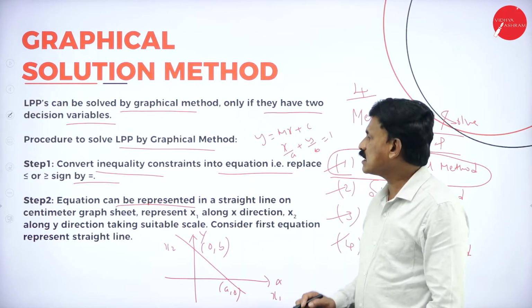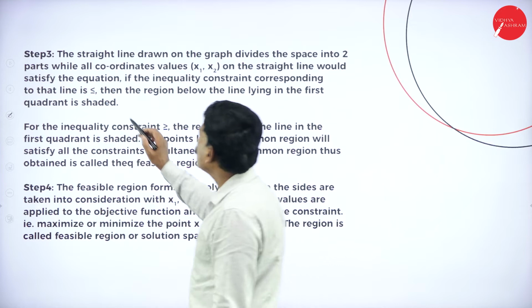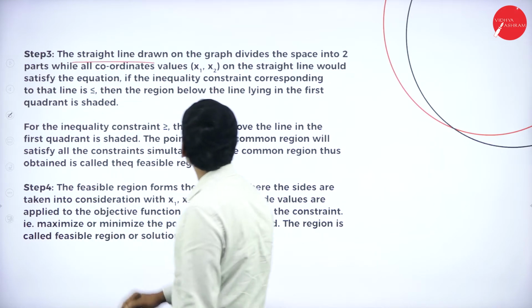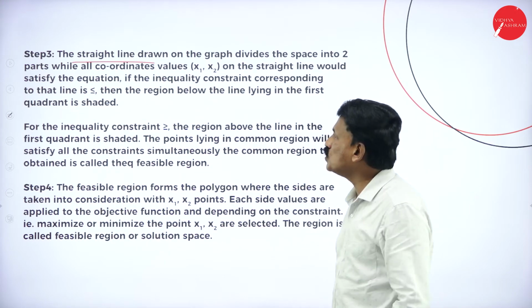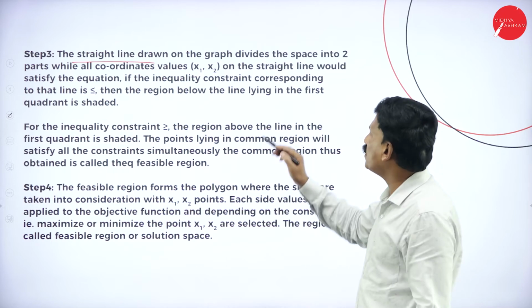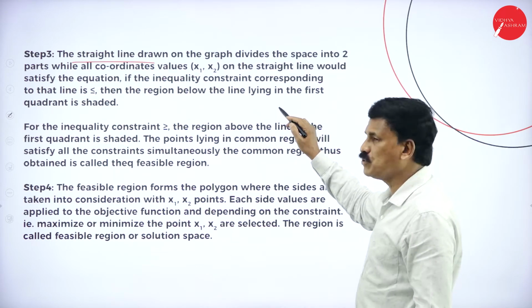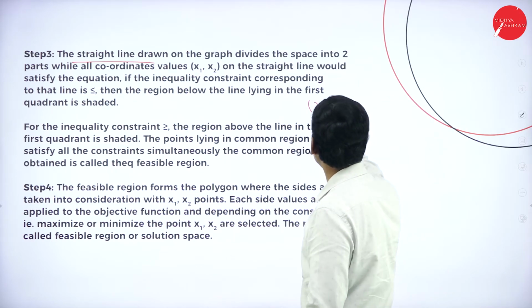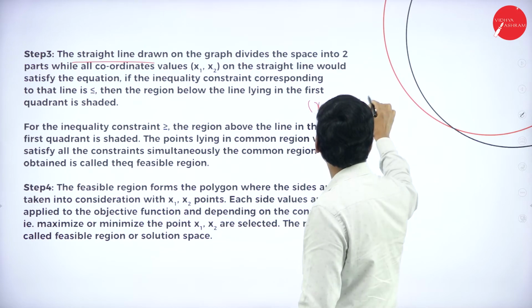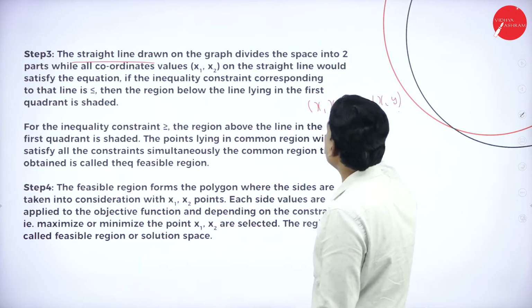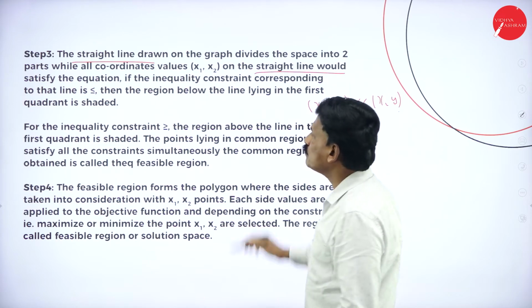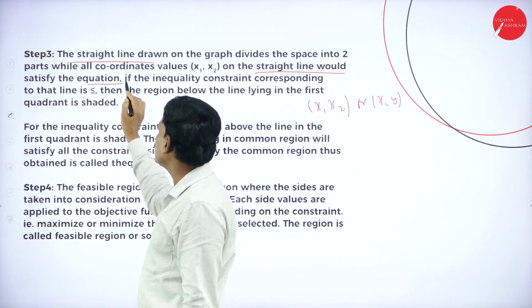Next, the third step: the straight line drawn on the graph divides the space into two parts. The coordinates x1, x2, or x, y on the straight line satisfy the equation.